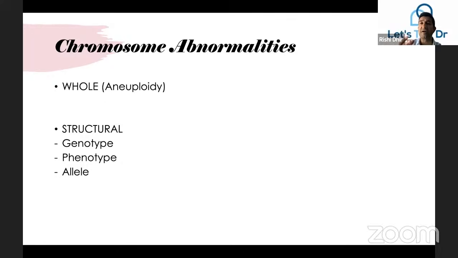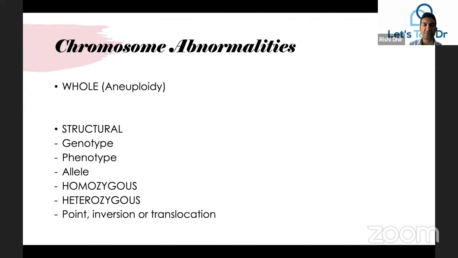For example, you may have alleles for blood type. When both alleles are similar, we call that a homozygous trait. If they differ, it's called a heterozygous trait. A mutation can occur at specific nucleotide bases, so you can get point mutations, or larger parts of the chromosome can be involved.